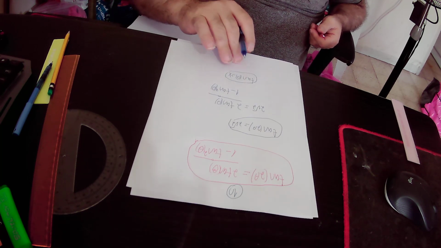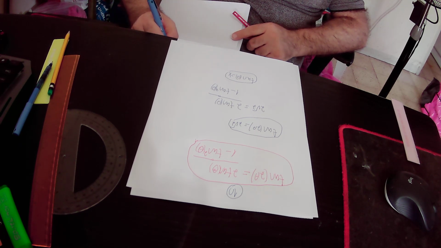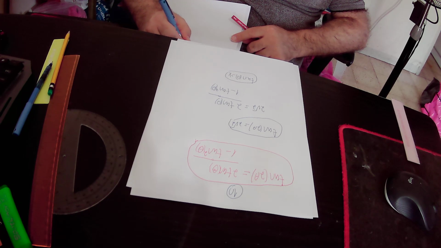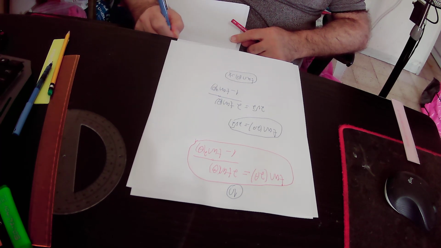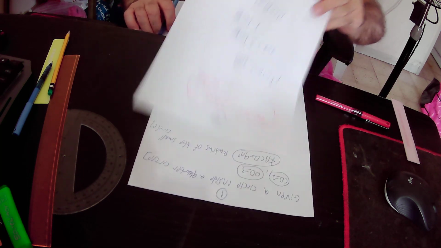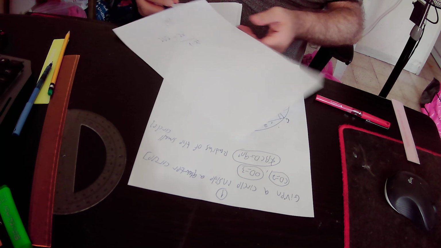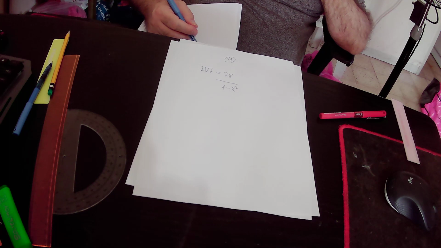Tangent theta is x, so tangent theta square will be equal to x squared. So in total we got that 2 times root 2 equals 2x over 1 minus x squared.